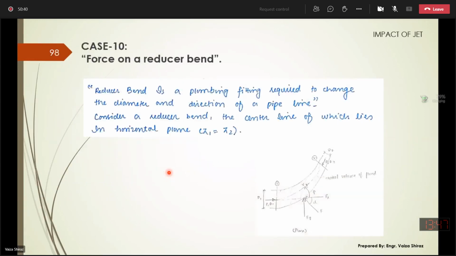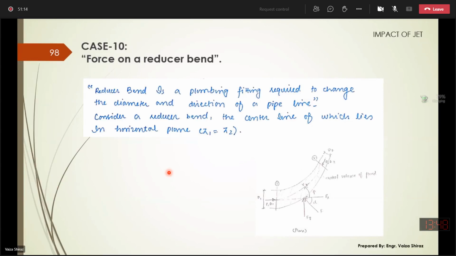Now case number 10. This is the last case of this chapter and it is again on a closed conduit, but in this case your plumbing fitting is not only changing the dia, ये direction भी change कर रहा है. अब उसकी वजह से system कैसे complex हो रहा है that it is not entirely giving you a horizontal force. ठीक है, जैसे पिछले केस में आपकी force horizontal थी, so it was a quite simpler case, but in this case if it is a bend in the fitting, तो F जो है वो totally horizontal नहीं होगी.